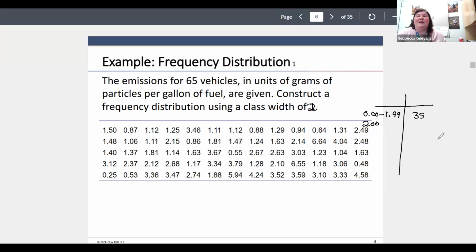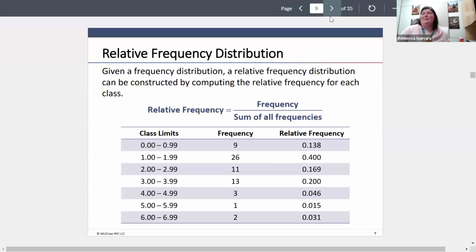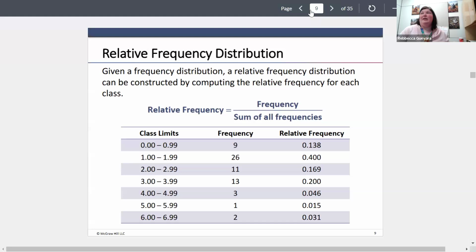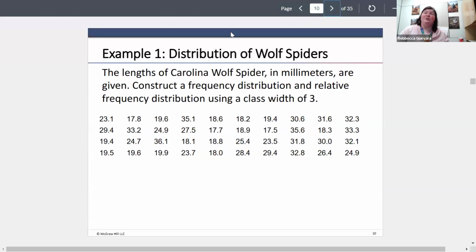I think we have 35 in that class. It doesn't always have to be the same. There isn't something that necessarily picks a class width for you. It's just sort of a decision on your own. And usually that's just based off looking at the data.